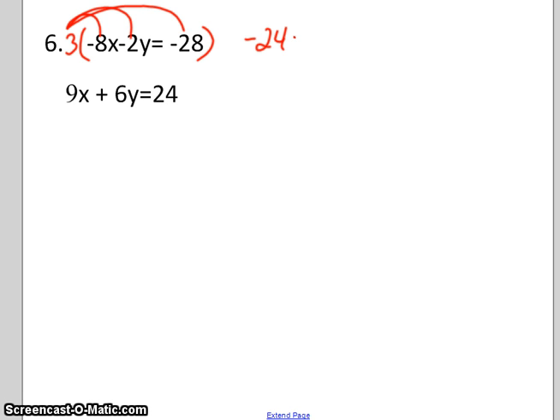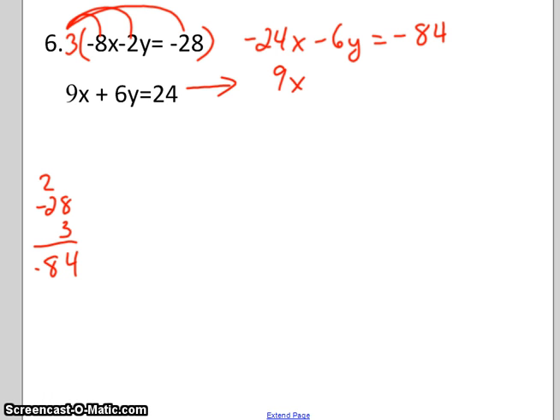Negative 24x minus 6y equals 28 times negative 3. Negative 28 times 3 is 84, so negative 84. Yikes. Okay, 9x, I'm just rewriting this equation right underneath.